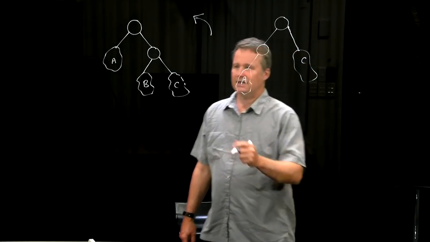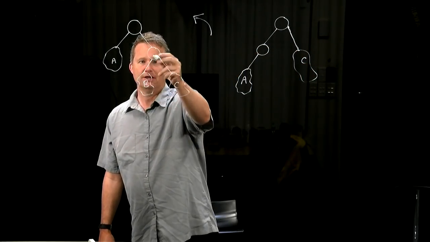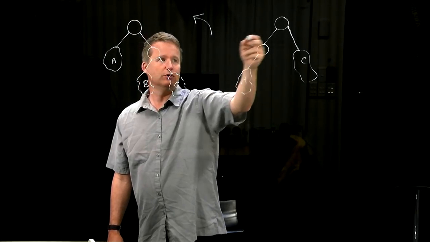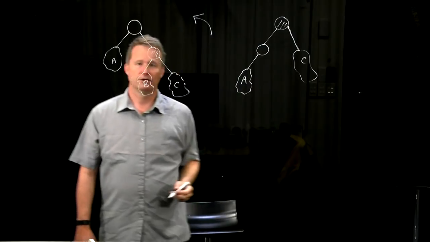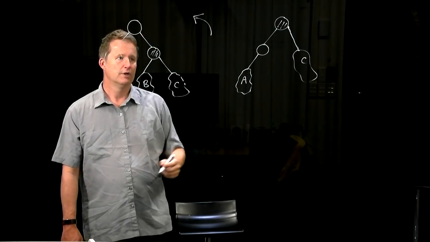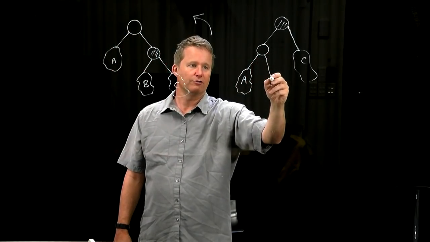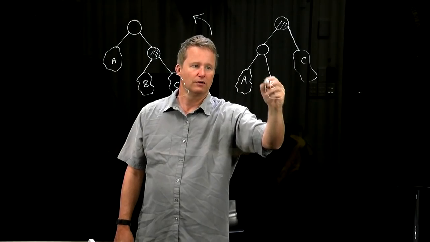And now subtree B can't be hanging off that one anymore because that node has now moved up there, and in fact it hangs off that one.